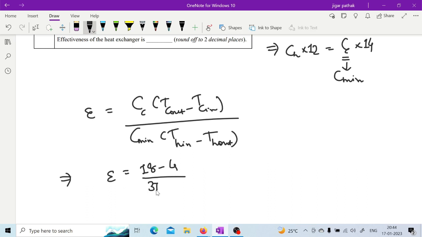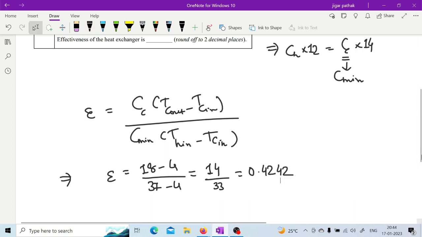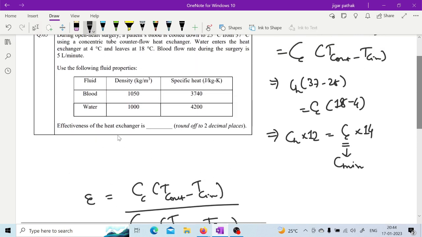Sorry, for the maximum temperature difference, it is TH in minus TC in, that is 37 minus 4 again. So 14 by 33. This is 0.4242, right? Correct? Yes, sir. So your answer will be 0.42, you can write.